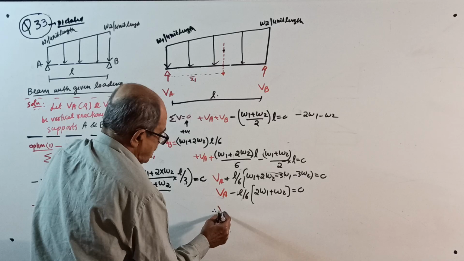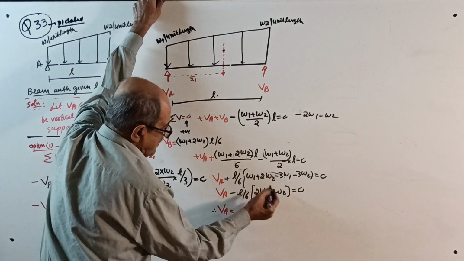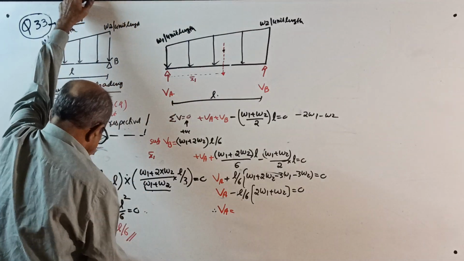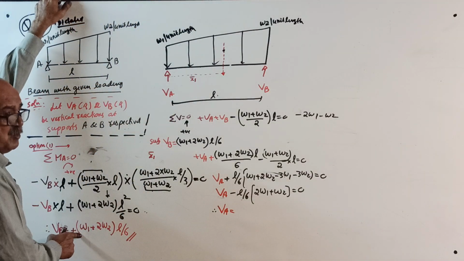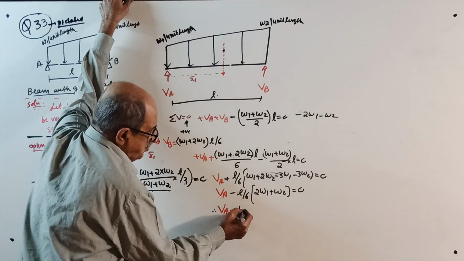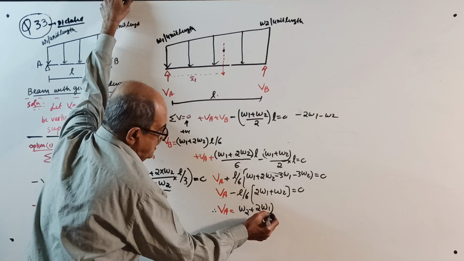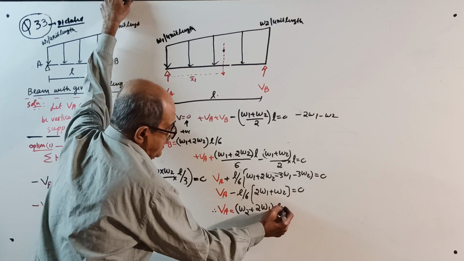Therefore, your VA equal to, take that side, minus becomes plus. Same format. See, here you got W1 plus 2W2. There you got W2 plus 2W1. That is much better. 2W1 into L by 6.